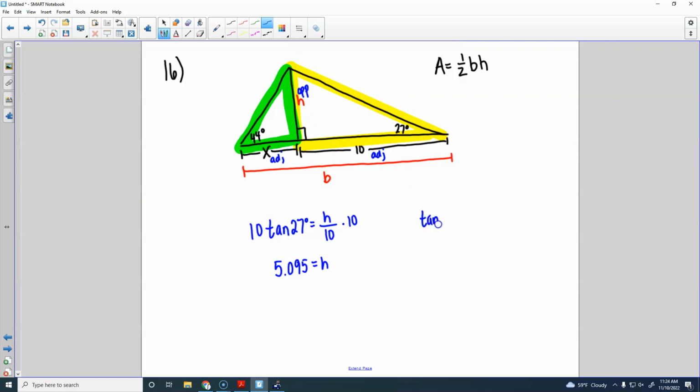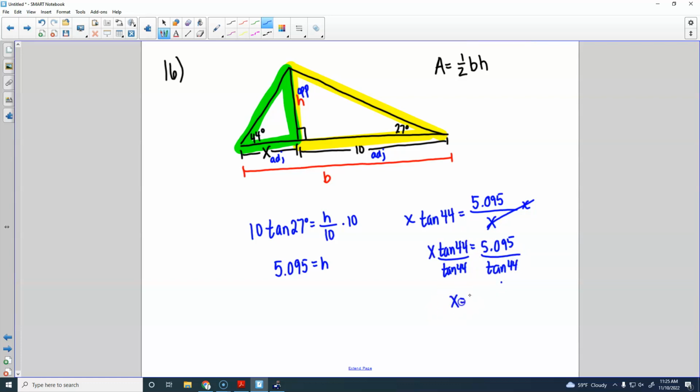We'll say tangent of 44 equals opposite, which is 5.095, but I'm going to use that stored value in my calculator, over adjacent, which is X. And I'm going to solve for that X, which I cannot do with it in the denominator, so I'm going to multiply both sides by X to get it out of the denominator. So now I've got X tangent 44 equals 5.095. I'm going to divide by tangent 44.